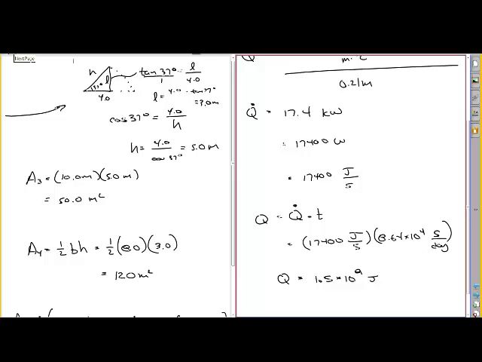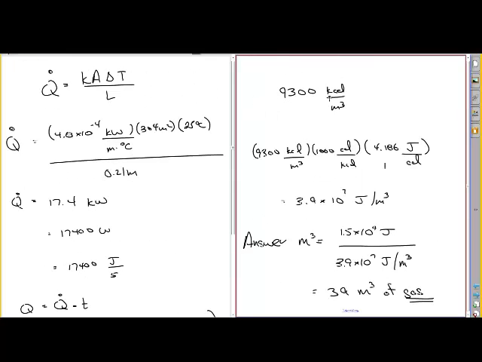We have to make that up somehow by burning fuel. So we looked at the fuel. It gives us 9,300 kilocalories per meter cubed. We converted kilocalories to calories by multiplying by 1,000. We converted from calories to joules by using this conversion factor. And we came up with that each cubic meter can provide 3.9 times 10 to the 7th joules.